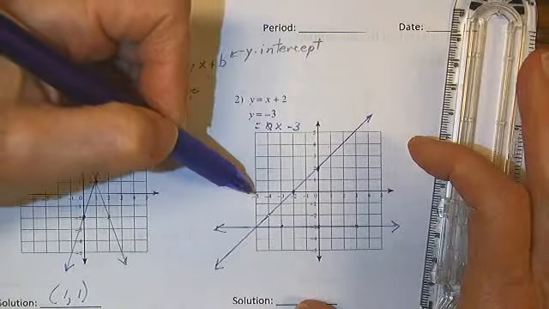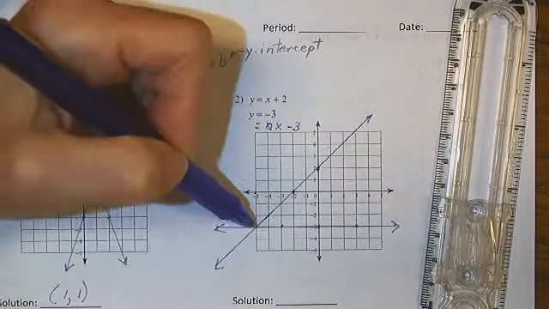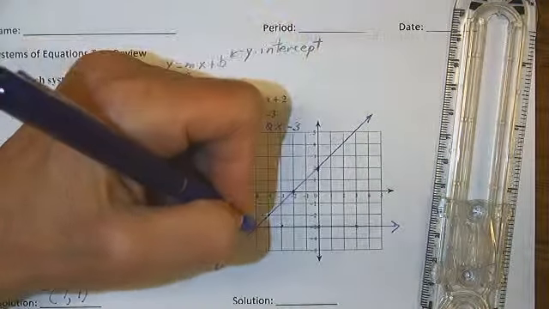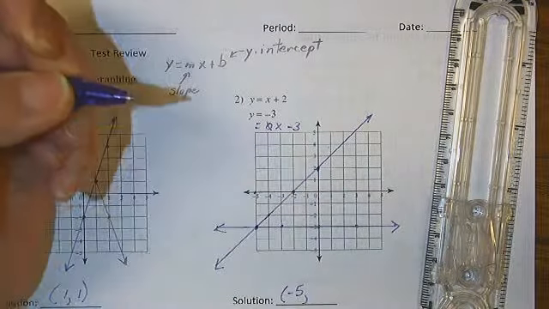So if x equals negative 5, negative 5 plus 2 equals negative 3. Here is my point of intersection, negative 5, negative 3.